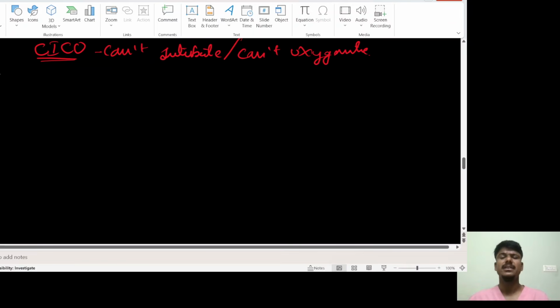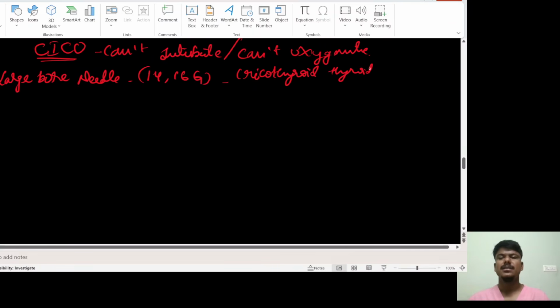In this situation, what I am going to do is take a large bore needle, like a 14 or 16 gauge needle, and localize the cricothyroid membrane.